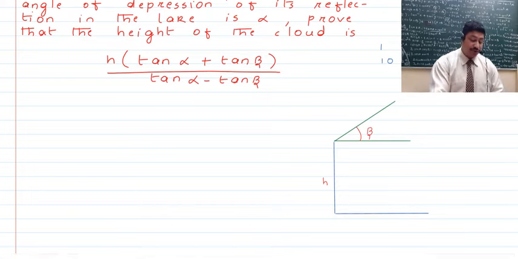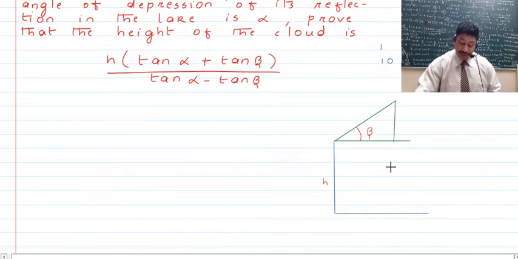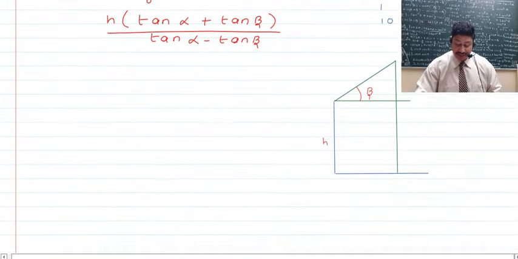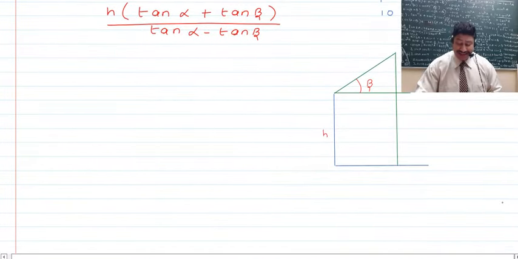Now next what we are going to do is join this point, the cloud, to the lake, because now we require its reflection. So let's say this is the straight line which joins the cloud to the lake. Now obviously this same amount of distance is to be produced underneath the lake so as to get the reflection of the cloud.